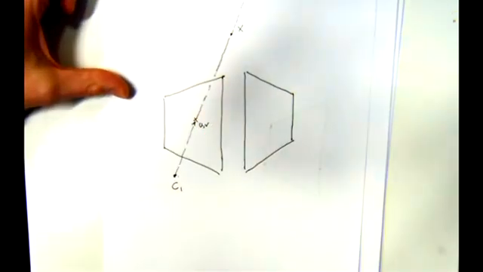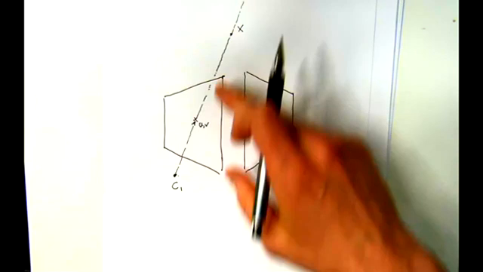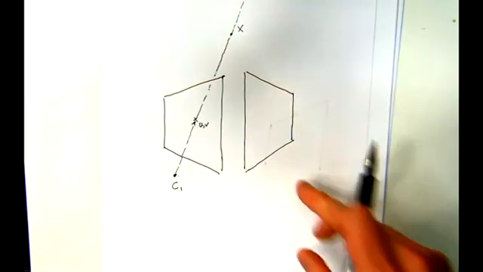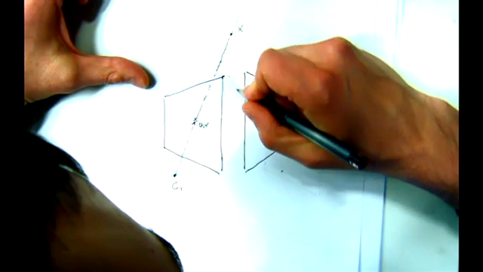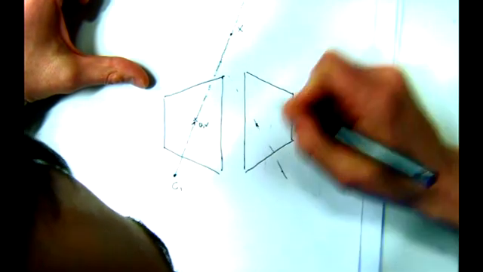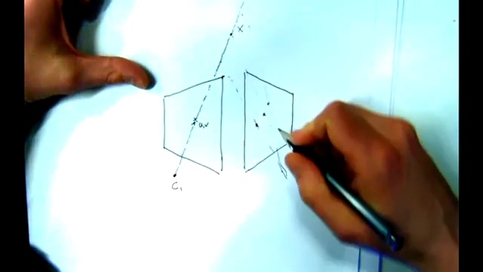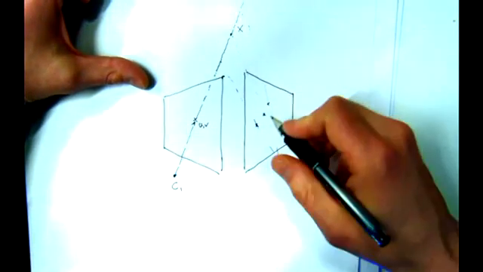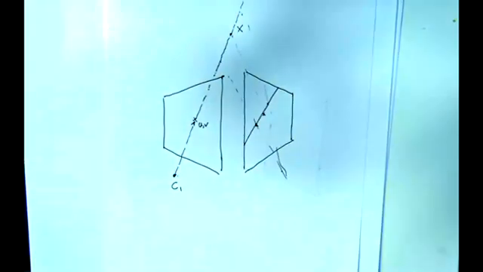If you think about all the positions that this 3D point could occupy and project them onto the second image, it could be here, or here, or here. If you look at all of these positions, they're going to form a line, because the projection of a 3D ray onto the 2D image is a line, because lines are preserved in perspective projection.